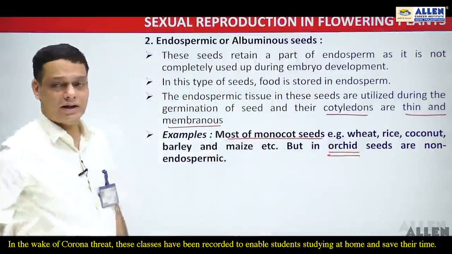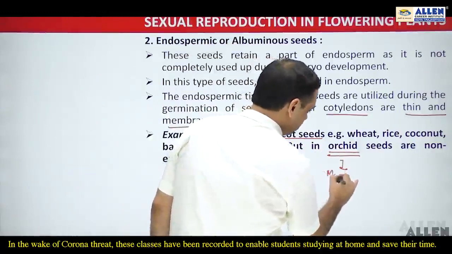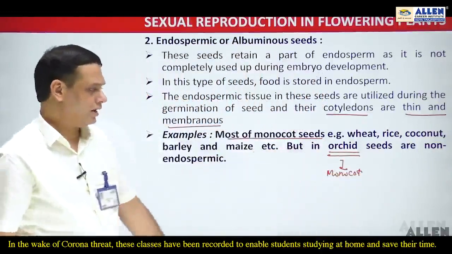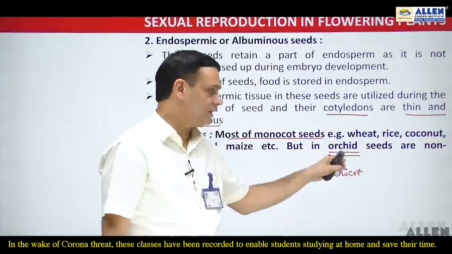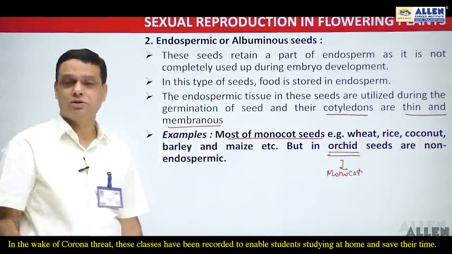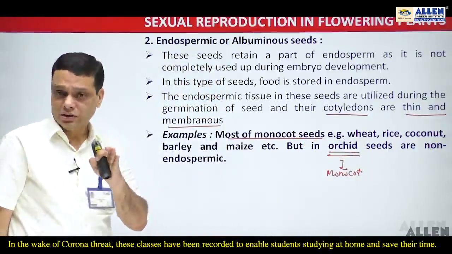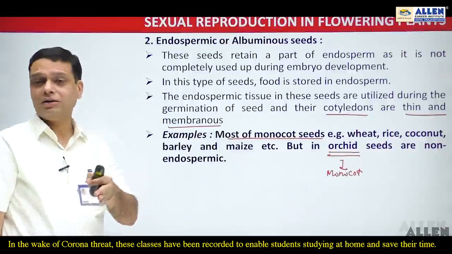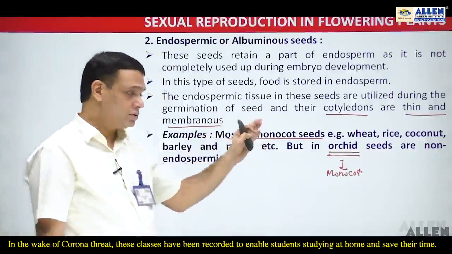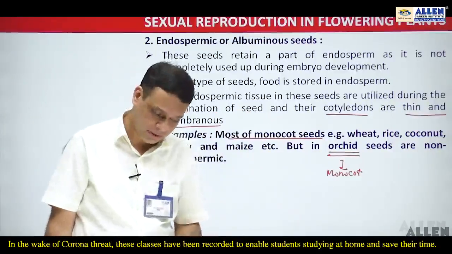Orchid is a monocot plant, but its seeds are non-endospermic in nature. So remember the two exceptions: castor is a dicot plant but its seeds are endospermic, while orchid is a monocot plant but its seeds are non-endospermic.